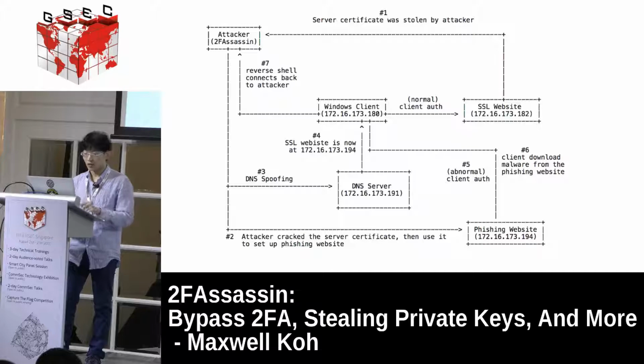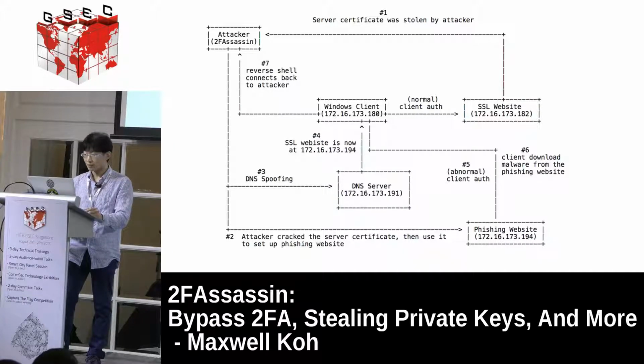So this is the whole process. This is our plan. From the previous demonstrations, we know that the Windows clients will establish client certificate authentication to SSL websites. Since we have the server key, we can create a phishing site. We then perform DNS spoofing to modify the A record of the DNS, and then force the domain name to be arbitrarily redirected to the phishing site.